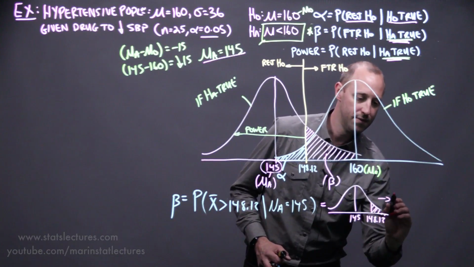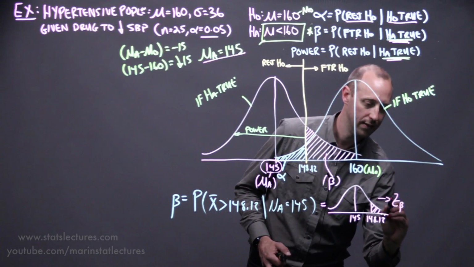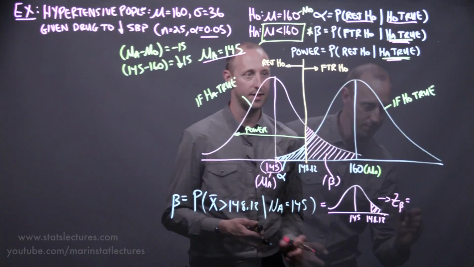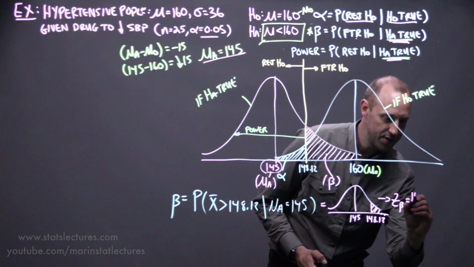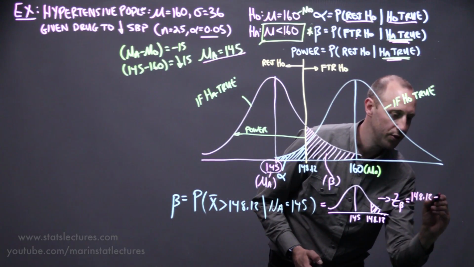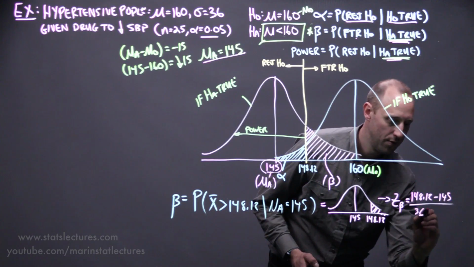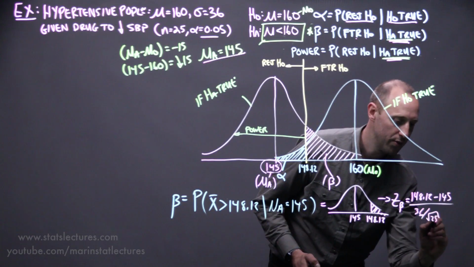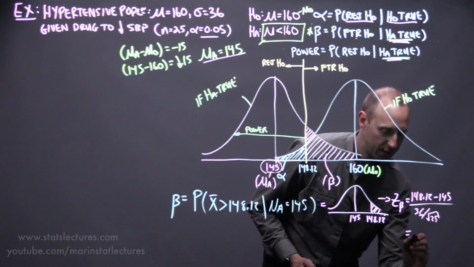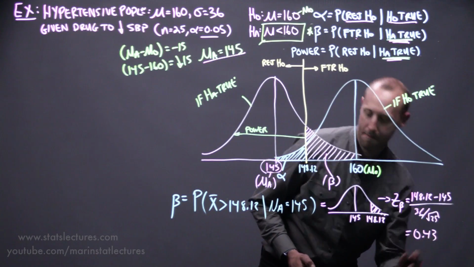You'd work this out in the usual way. Z beta, we're going to standardize it. We're looking at how far 148.12 is from 145 over 36 divided by the square root of 25. That comes out to 0.43.